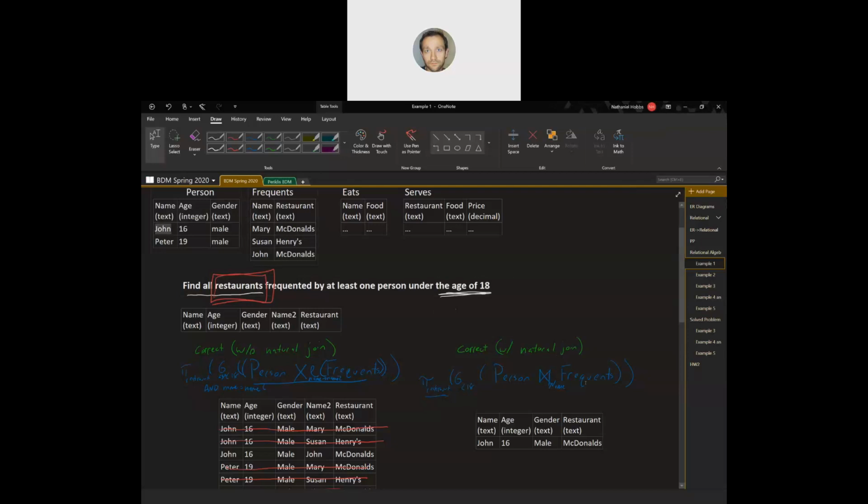And so it cuts out all of the other entries, and it only keeps one column name. So here, doing the cross product resulted in 2 name columns, but the natural join handles that sort of behind the scenes, and it only ends up with one named attribute called name.